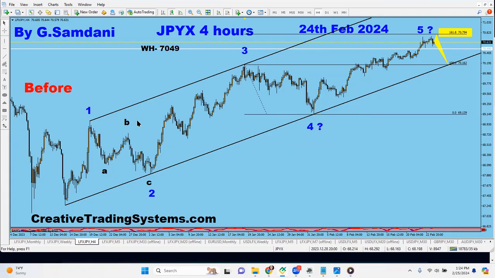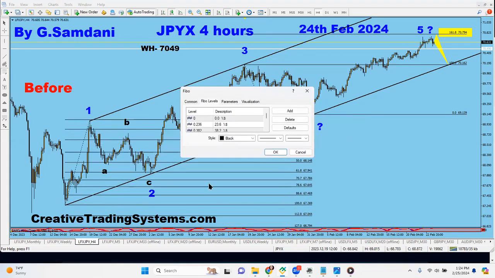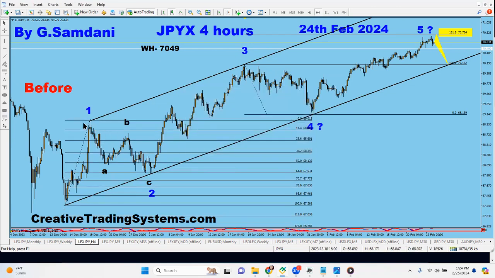Now, what is the purpose of this tool? We already saw that this tool we use for retracement. If this is wave 1 and wave 2, we want to see if it is 61% or 78% or what the heck is that, right? So let's see, if we draw the Fibonacci retracement tool, we notice that this is 50%, then it went up to 23% line, then came back down to 61%, and this is one of those two most important numbers for a reversal or completion of the retracement, right?